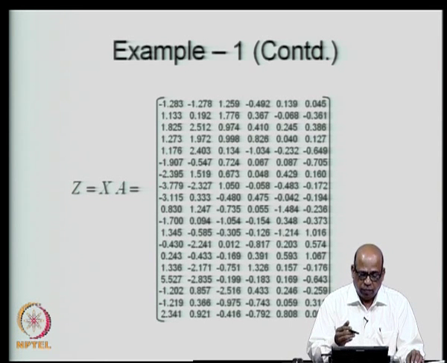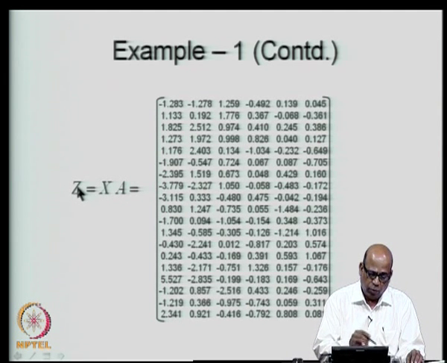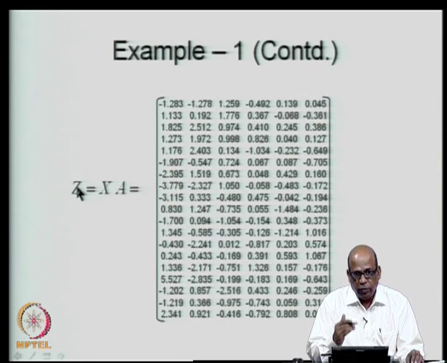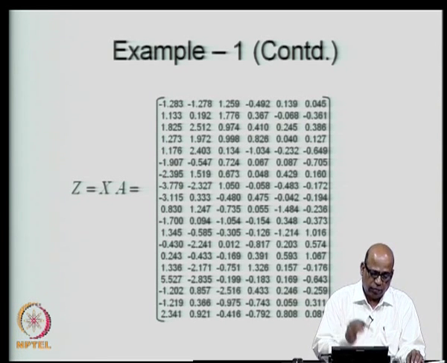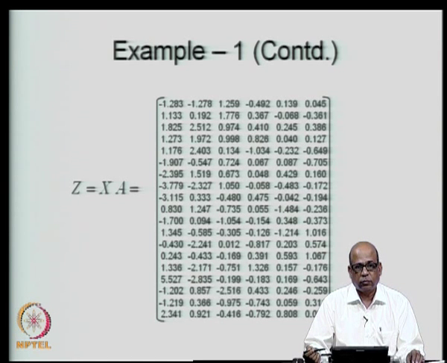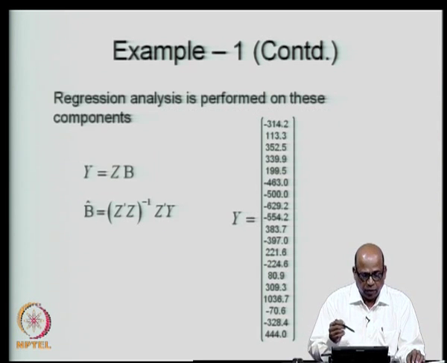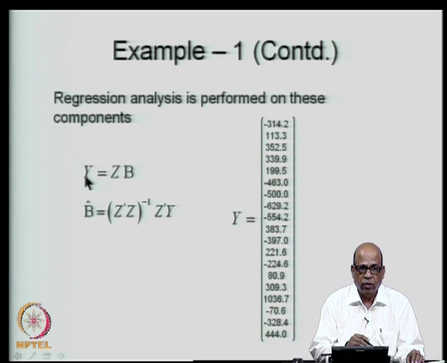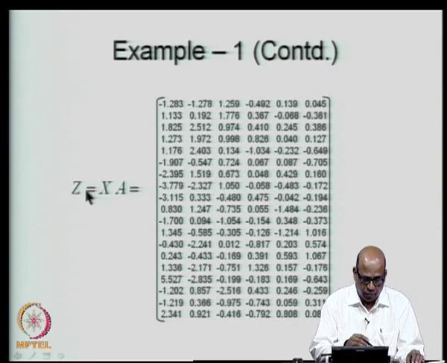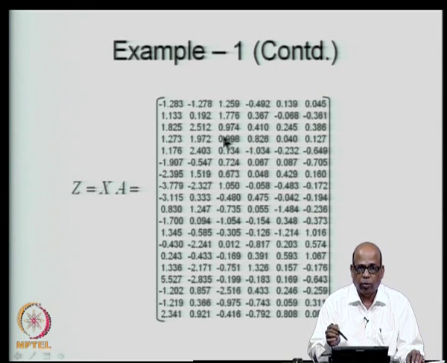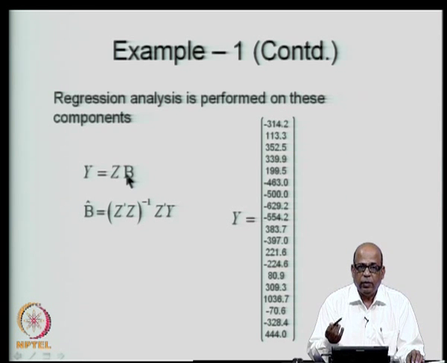What did we do now? We use the principal component analysis and transform the original data into Z. Now, we use this Z to regress on y. So, y will be regressed on this transformed data Z. So, we write y equals Z b, where y is the dependent variable, Z is this transformed data matrix, and b is the vector of unknown parameters which we want to estimate.